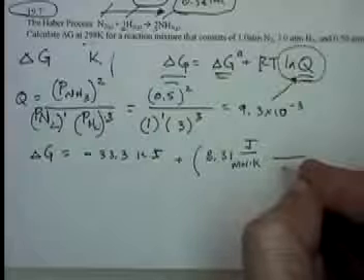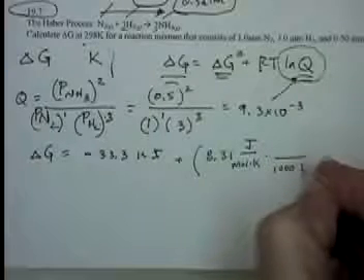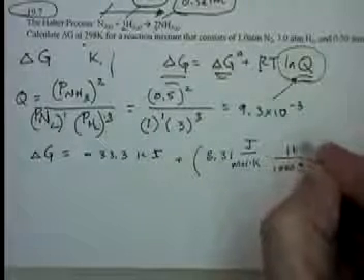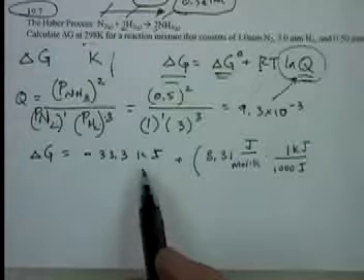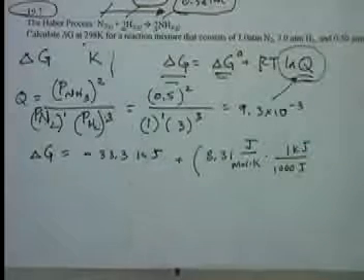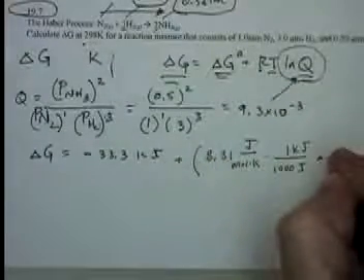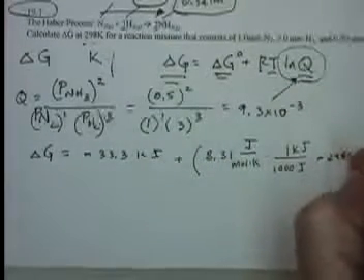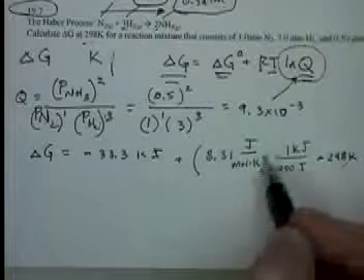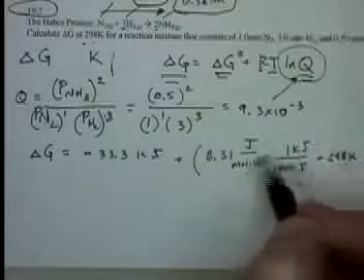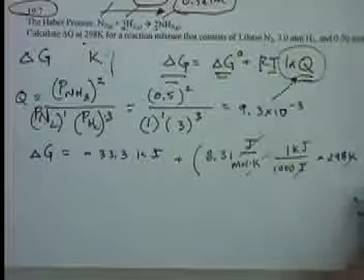We'll just put a relationship that there's 1,000 joules in 1 kilojoule, and now we've converted the universal gas constant, so it's in the same kind of units as our delta G before. We'll multiply that times temperature. Temperature is 298 Kelvin. Notice our Kelvins will cancel with our Kelvins, and now our joules go with our joules, and so we're in kilojoules per mole.